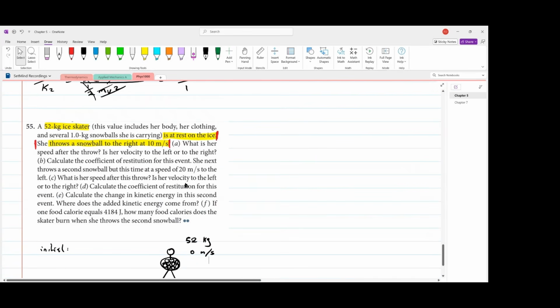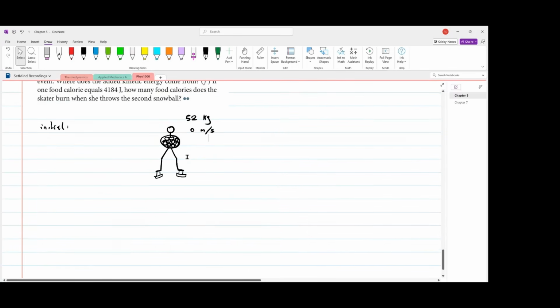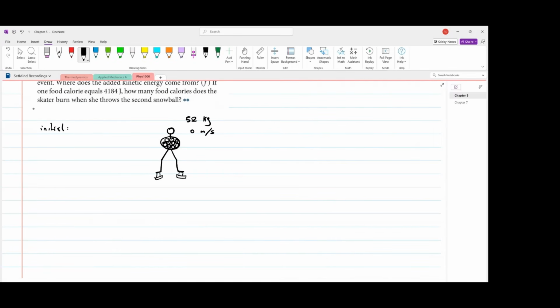She's at rest on ice, which means negligible friction. And then she throws a snowball to the right at 10 meters per second. So let's assume the snowballs are in a backpack because she's carrying them, so there's no way she can throw them because her hands are not free. So let's change our drawing.